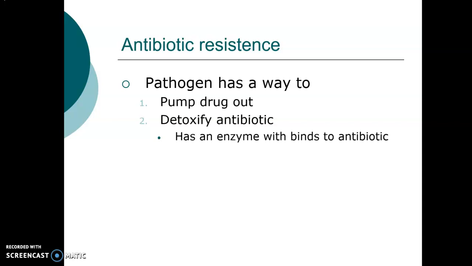Last slide here. Pathogens, how do we get antibiotic-resistant bacteria? Well, basically, they find a way to combat, I guess, the antibiotic. Maybe they pump the drug out faster than it's going in, therefore it doesn't have any effect on them. Or they have an enzyme that helps them detoxify or break down the antibiotic before it damages the cells.